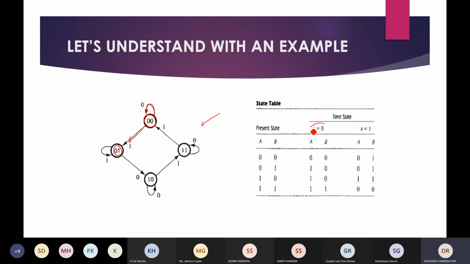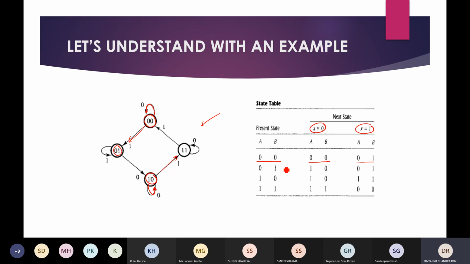If I have input 0 for 0 0 state, then the next state is going to be 0 0, and if my input is 1, then the next state is going to be 0 1. For state 1 0, if the input is 0, then I will be at the same state, and if the input is 1, then I will be going to the next state, which is 1 1.